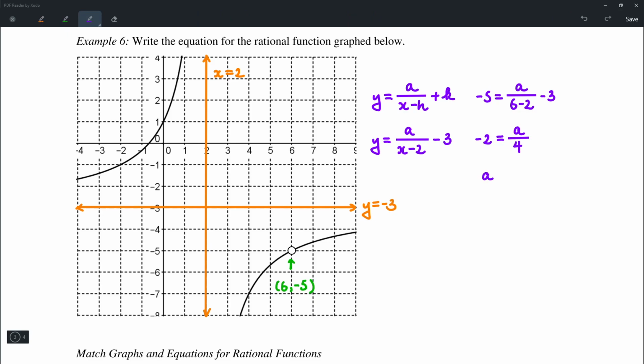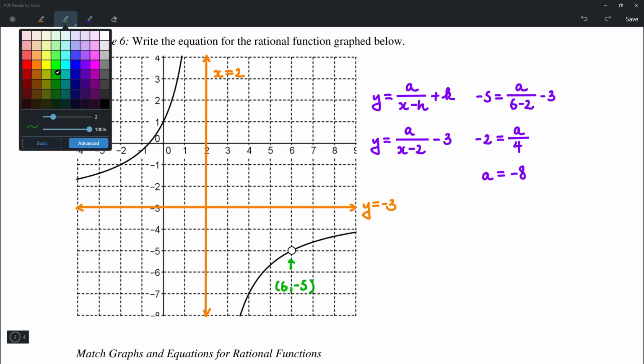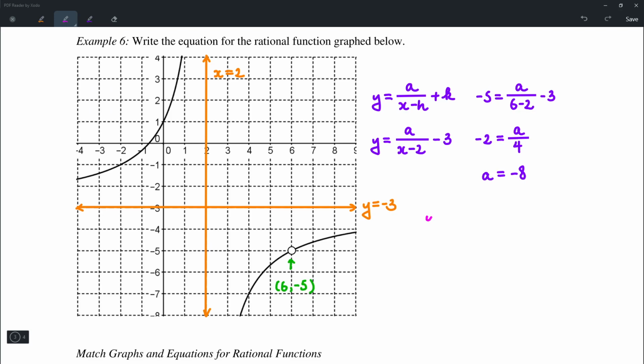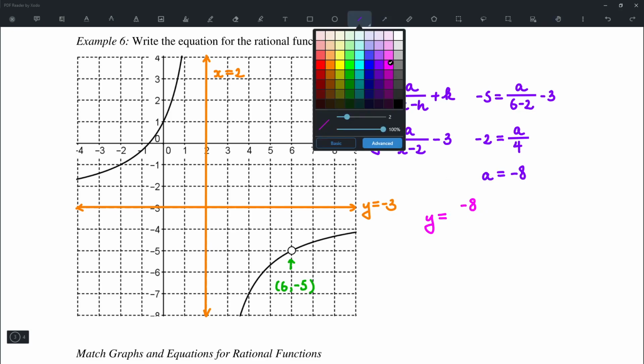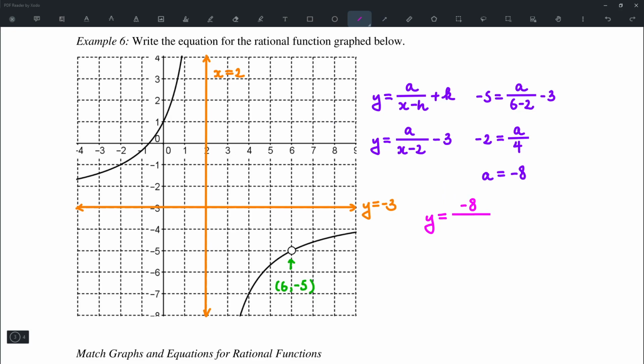And so a is going to be equal to -8. So if we put everything together, we get y is equal to -8 over x minus 2, and then -3.